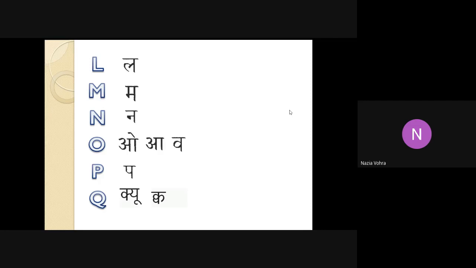Q is queen. So are you getting the difference? Qua and Q. The next letter is R. And the sound for R is R. Rabbit, rose.